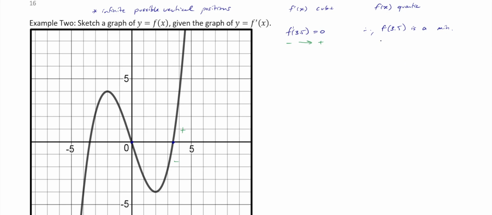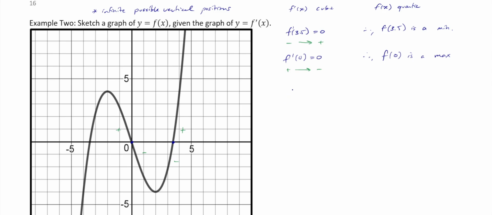Okay, let's look where else we have. We've got this right here. F prime at 0 is equal to 0, and we have it going from positive to negative right there. So f at 0 should be a maximum, because the first derivative is equal to 0, and there's a sign change in which it goes from positive to negative, so the original function was increasing to decreasing.